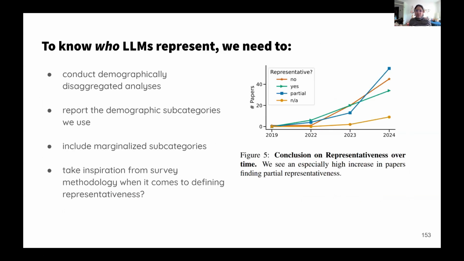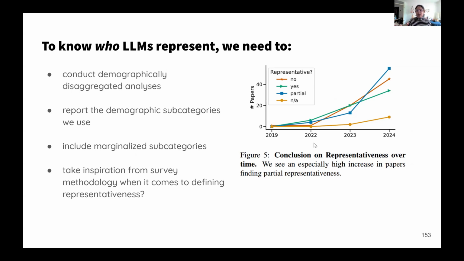So essentially, if we want to know who LLMs represent, we need to do all of these things, right? We need to conduct demographically disaggregated analysis, report the demographic subcategories, as well as include marginalized or underrepresented subcategories. And here, maybe survey research can help us.